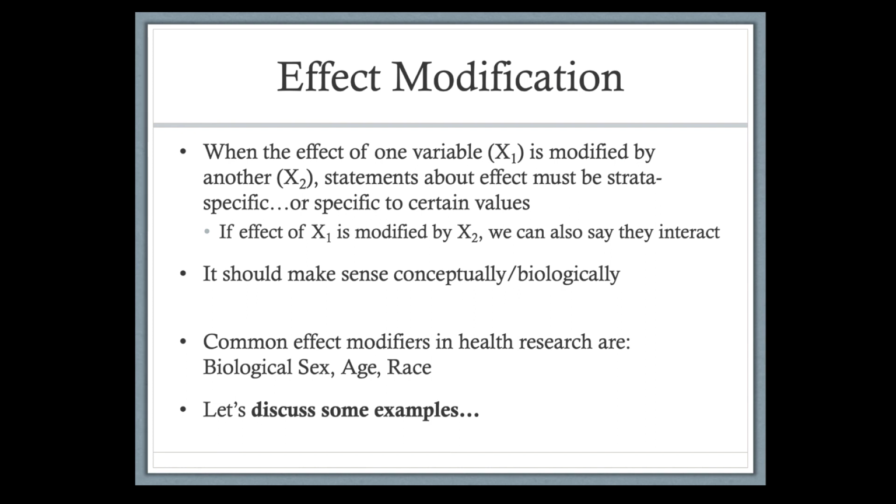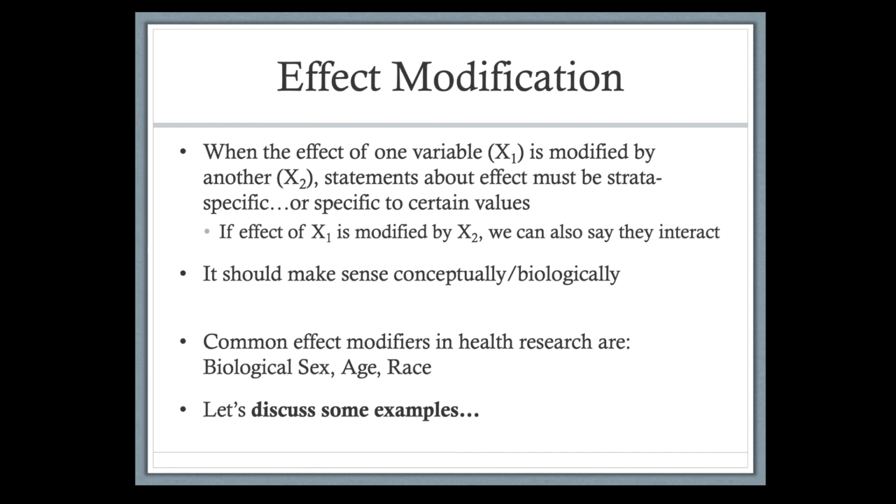In health research, some of the more common effect modifiers are biological sex, age, or race. Okay, so if we're thinking, what effect does exposure have on some health outcome? Not always, but often, the effect that an exposure has on some outcome might be different for males and females. Okay, the exposure might be more harmful for one than the other.